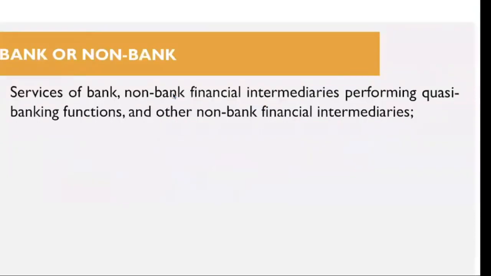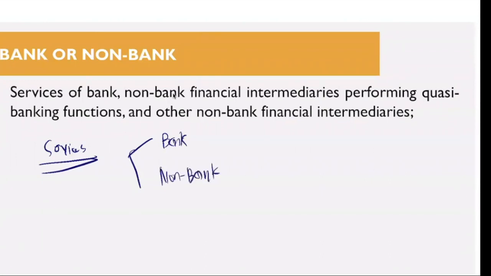Next, bank or non-bank. So here, all services. What is exempted are services of what? Bank or non-bank. So whether you are a bank or non-bank financial intermediary, if you provide services, it is considered exempt. So for example, I am a bank. So I have a lending function.